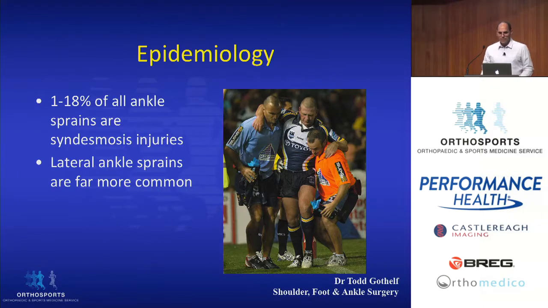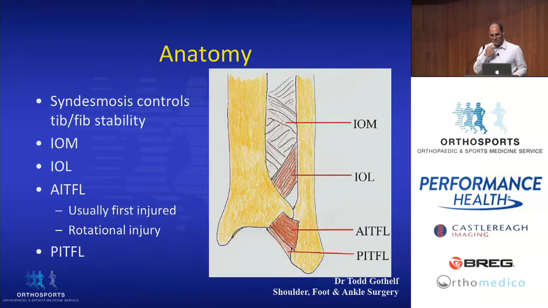If you look at the epidemiology, about 1 to 18% of all ankle sprains might be syndesmosis injuries. The lateral ankle sprain is far more common than the syndesmosis injury, so those are the ones you'll mostly be seeing. Now, what is the syndesmosis? It's what connects the fibula to the tibia and keeps the two bones together.